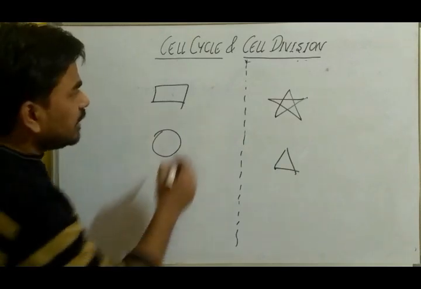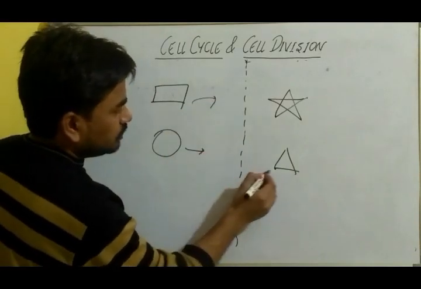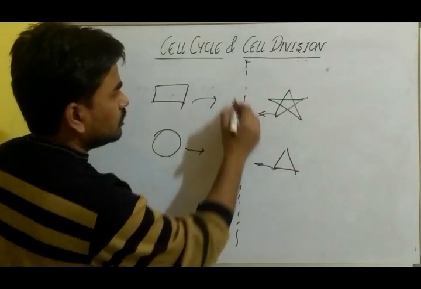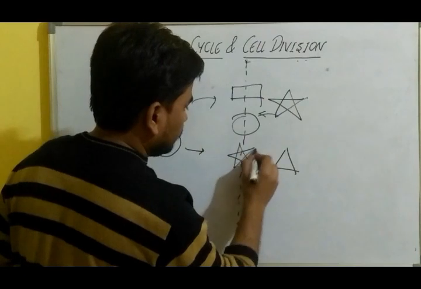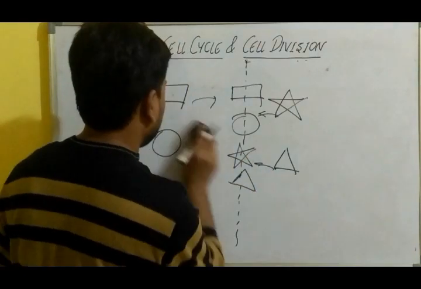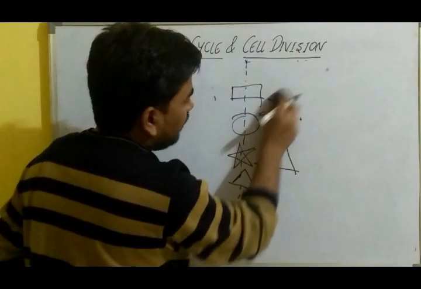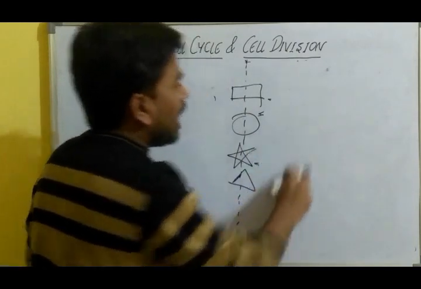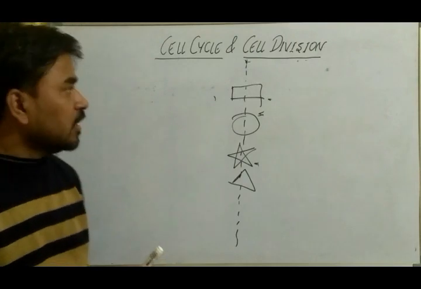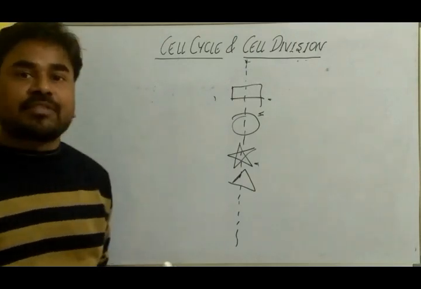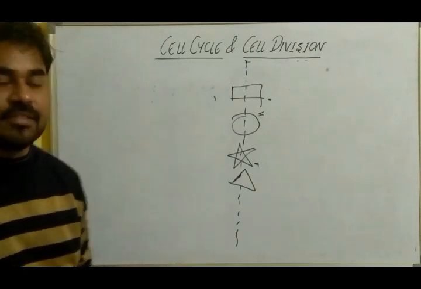I will just bring them on the same margin, and now if I cut from the same margin, I will get these components and the board in two equal halves. Similar is the concept of cell division. What happens there? Let's see.